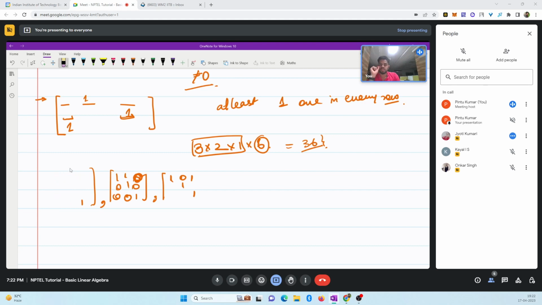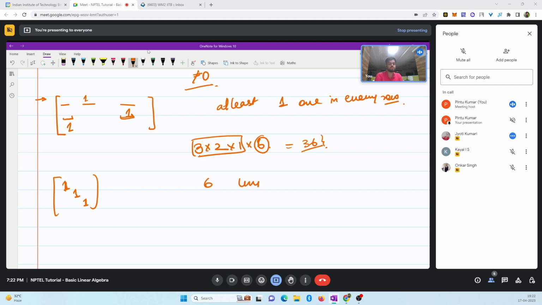So one thing that you can see is, let's say you fix the diagonals. You took this as 1, and then how many places are left? 6 places are left, right? So you have 6 unique matrices from here.